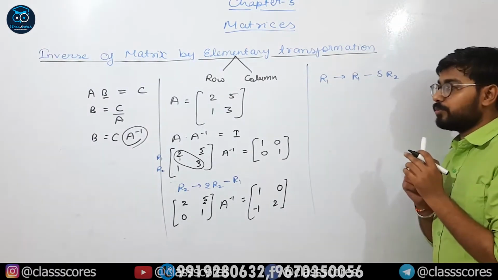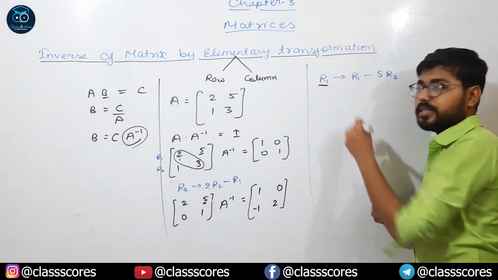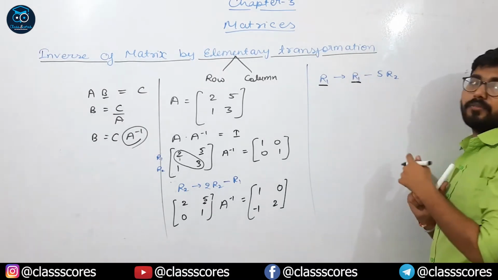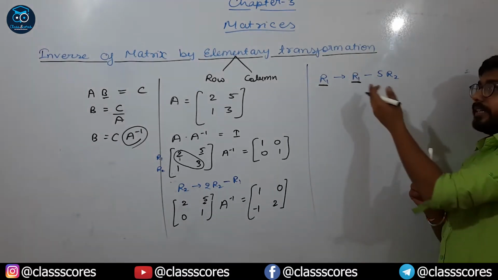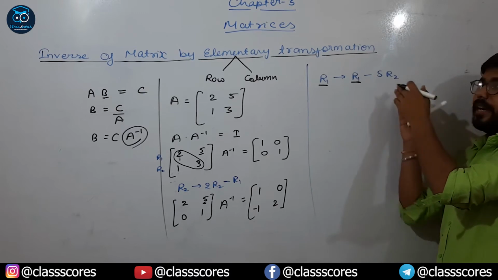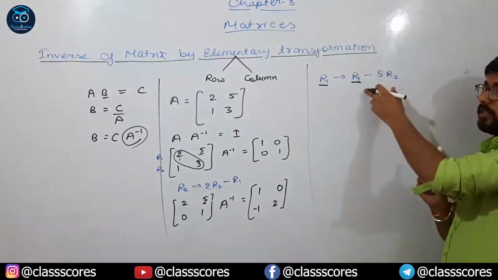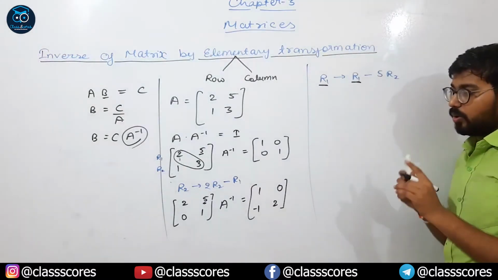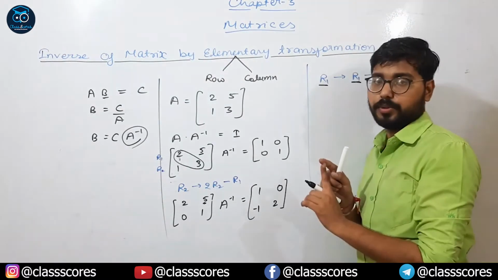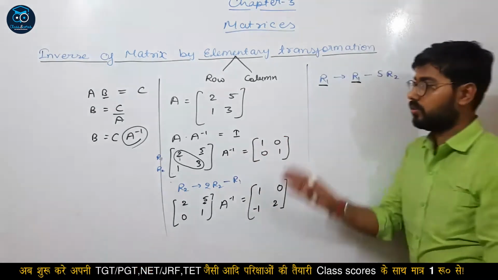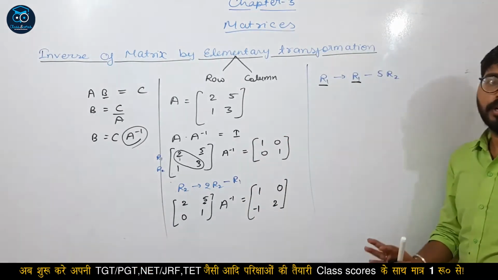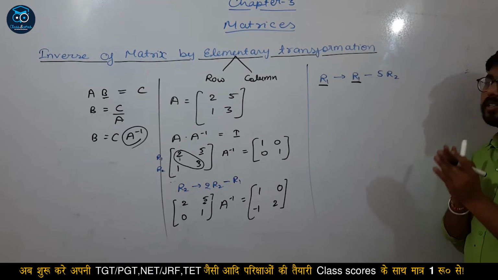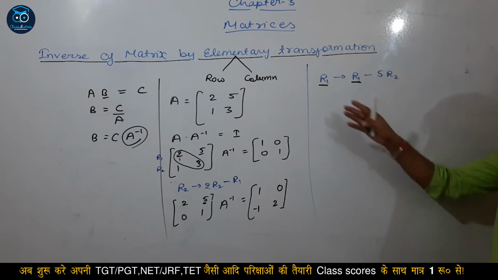One thing you always have to remember is that if R1 has to change, then first R1 will be written here. Then only you need to subtract or add any row with this R1. Clear? You have to follow only one elementary transformation, either for rows or for columns. You can't mix both transformations. Clear? Now apply this.